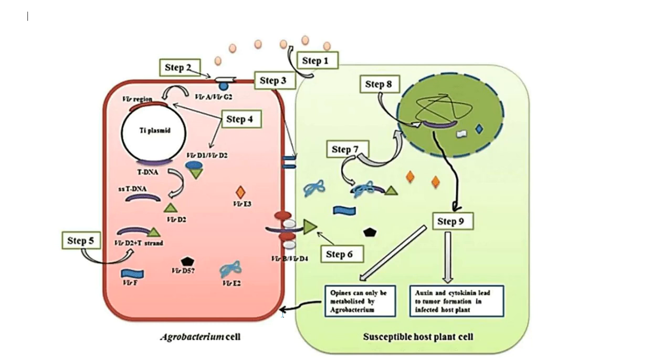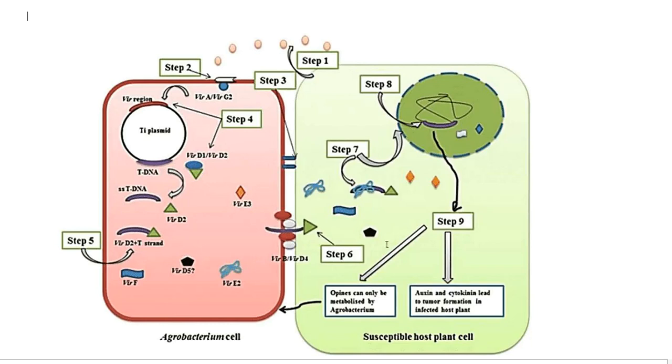Next, we will discuss the genes which are required for the transfer of tDNA. Correct? Let's begin. So first of all, the transfer and integration of this tDNA into the genome of the plant cell. You can see here that this pink colored box is the Agrobacterium cell, which has the Ti plasmid. The Ti plasmid contains the tDNA, and this green colored part is the plant cell.